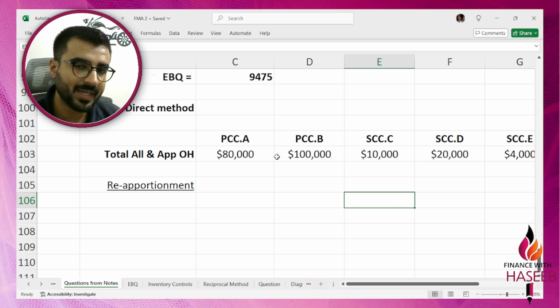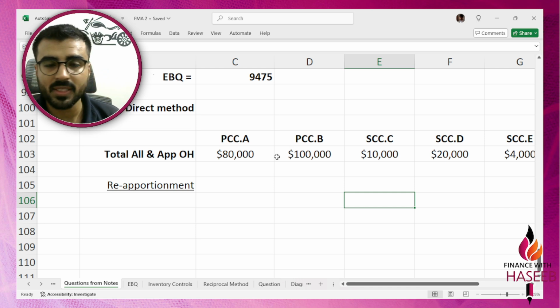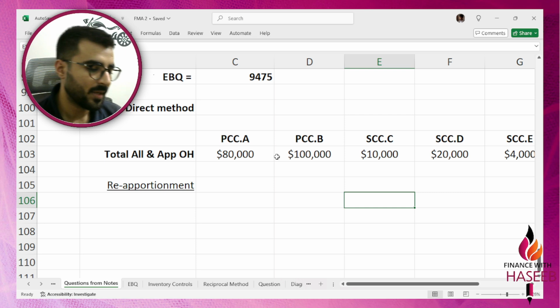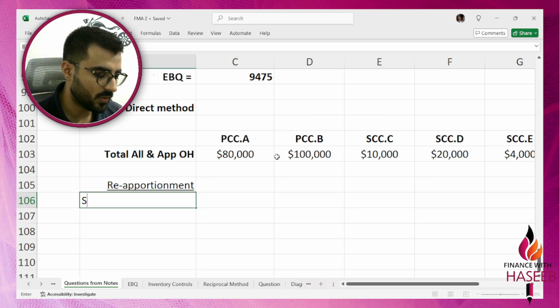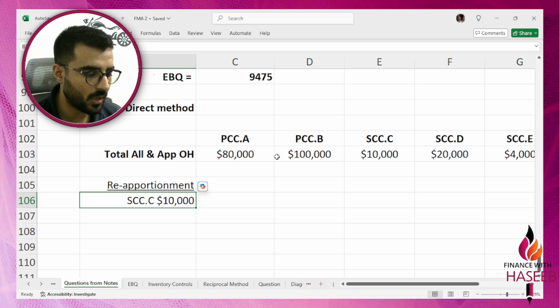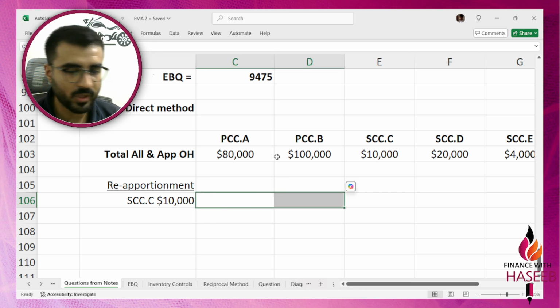This means all of the service cost center overheads will be shared out between the production cost centers only. So let's take service cost center C's overhead of $10,000 and share it out between production cost center A and production cost center B.